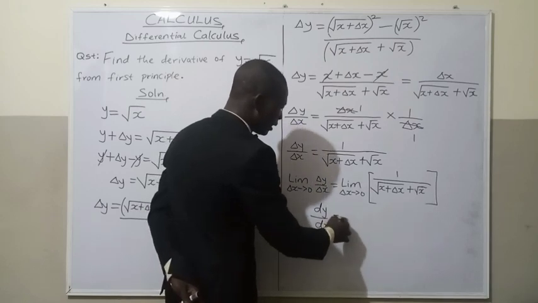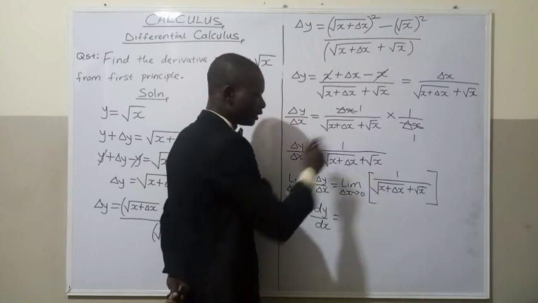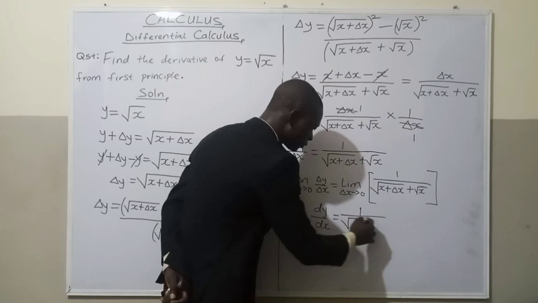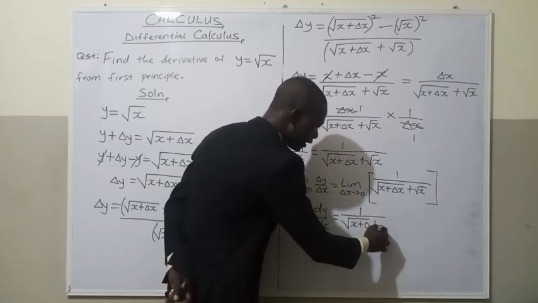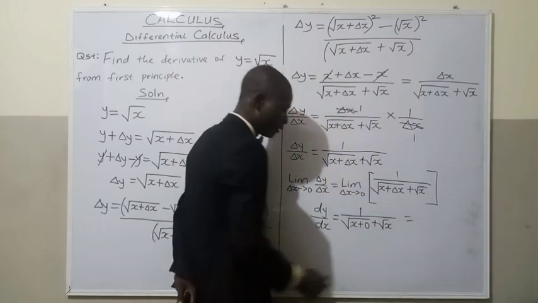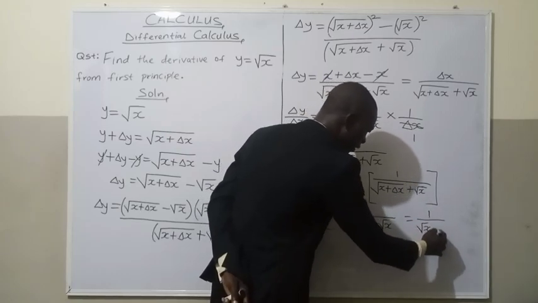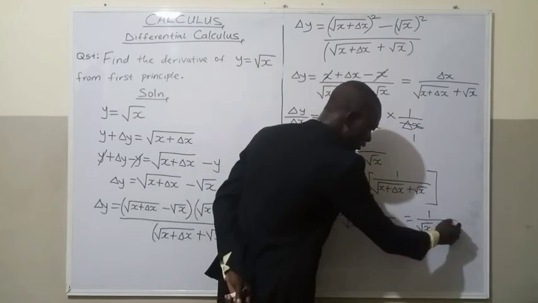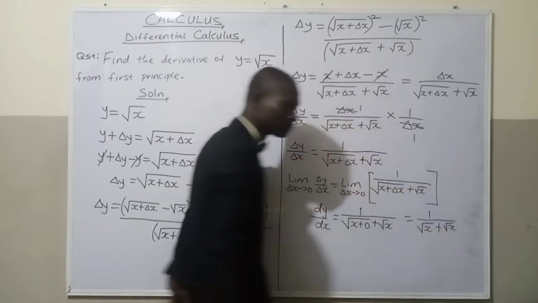as the equivalent. That's equal to, so wherever we see delta x on the right hand side, we are going to be introducing 0. So that becomes 1 over root of (x plus 0 in the place of delta x), and then plus root x. So simplifying this one further, we are going to have 1 over root x, because x plus 0 is x, plus the second aspect also root x.